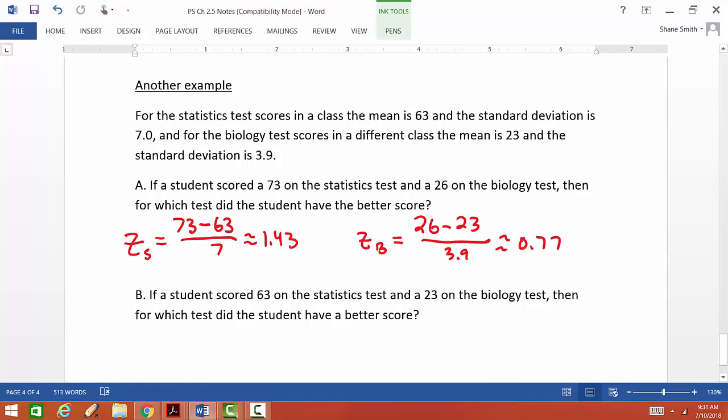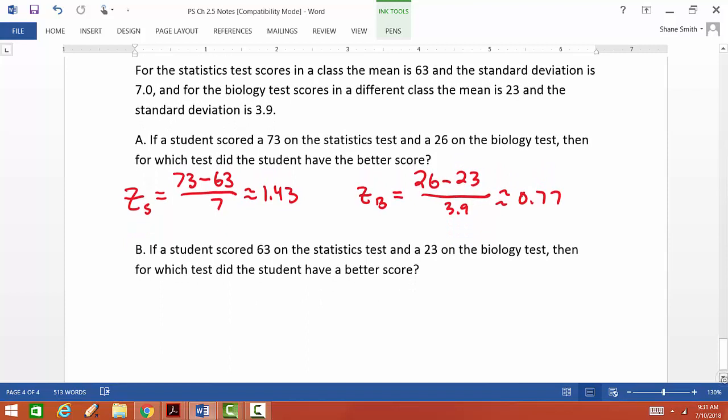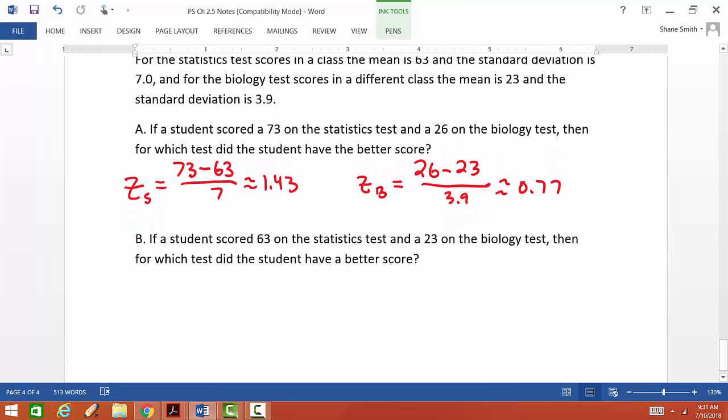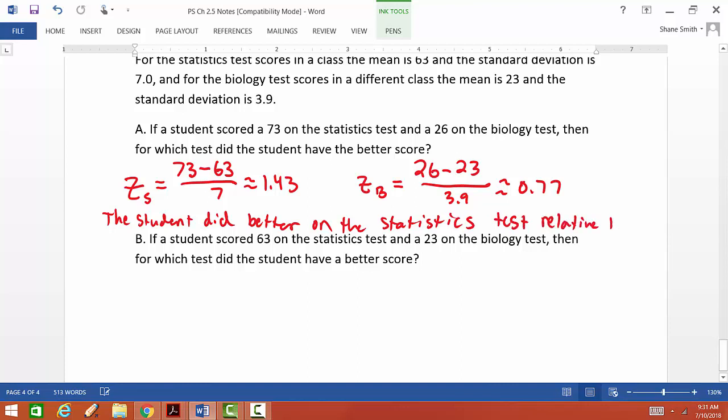So if we're comparing these, which test did the student do better on? Well, it's the statistics test because it has the higher z-score. So the student did better on the statistics test. And one thing I want to point out, and I'll write it down as well, this is relative to the rest of the class, right?